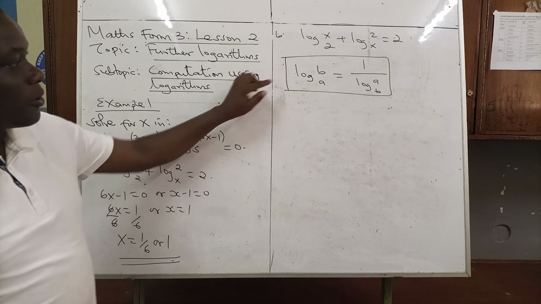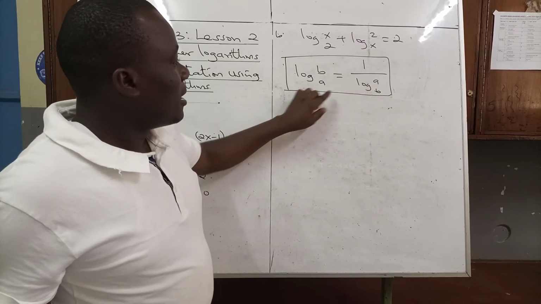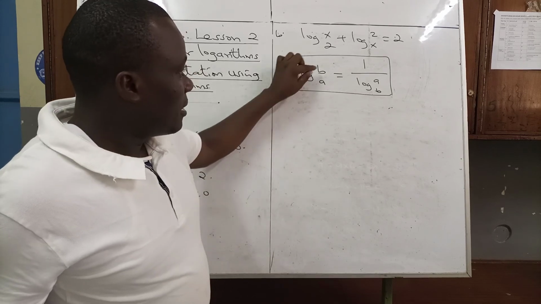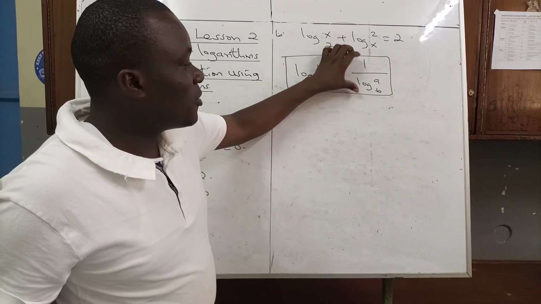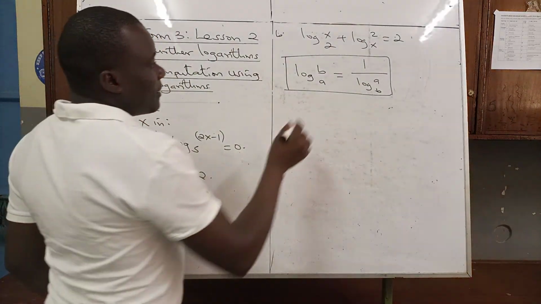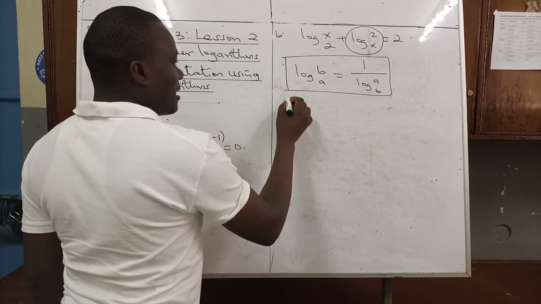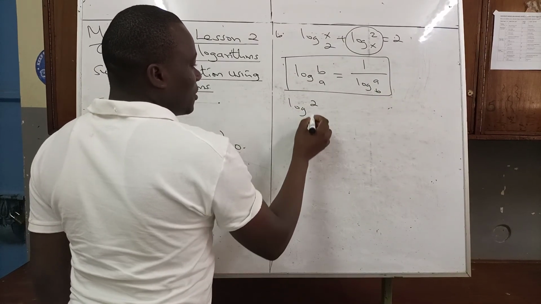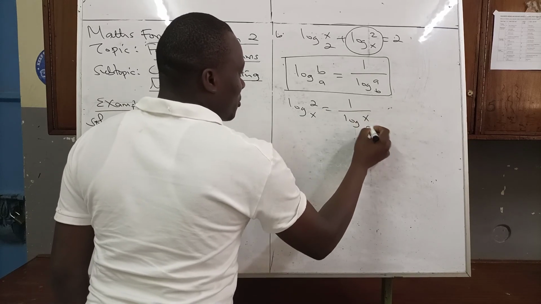Now you can interchange these two numbers when you introduce 1. Then this means we can change that by saying log 2 into base x is the same as 1 over log x into base 2.